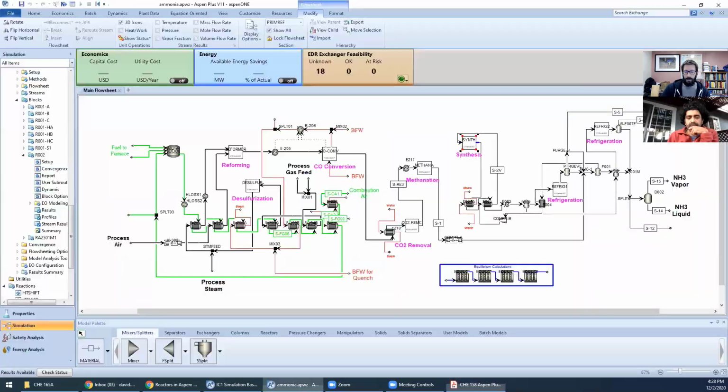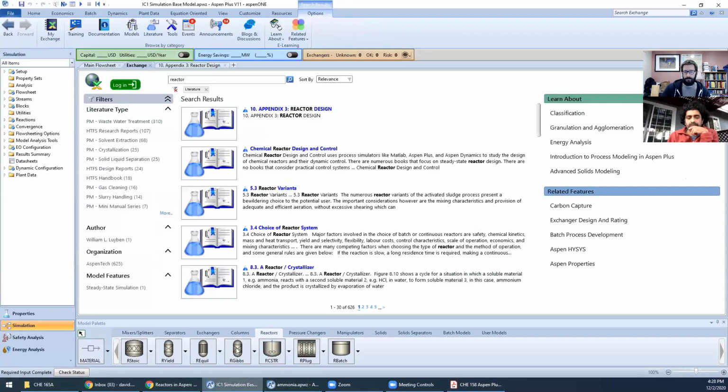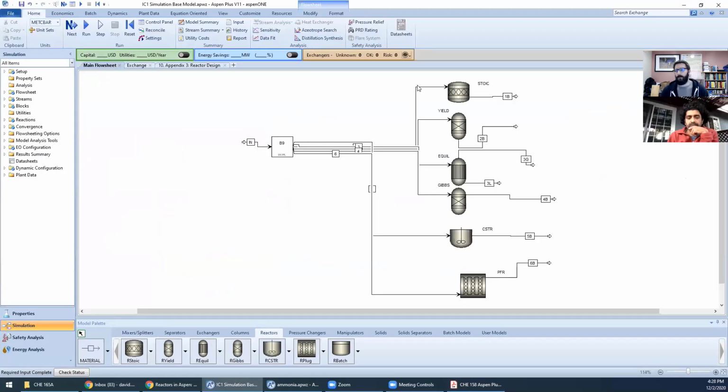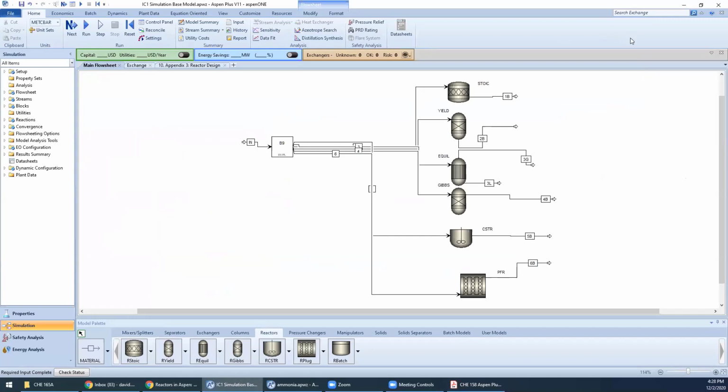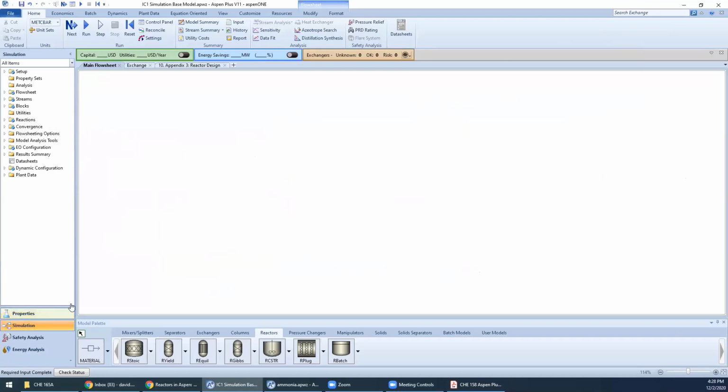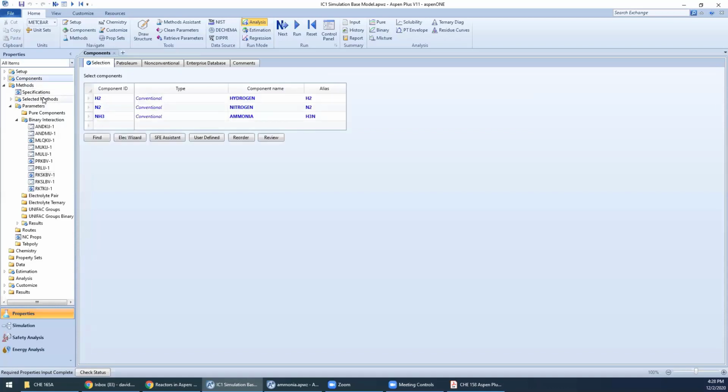So what I did, whoops, wrong one, is I did that. Really quick, to just minimize time with this, for the components, you can see all I did was add hydrogen, nitrogen, and ammonia.